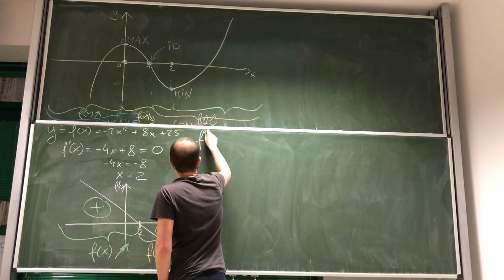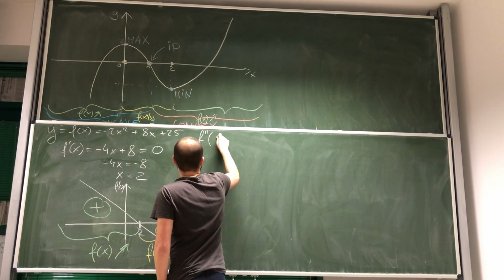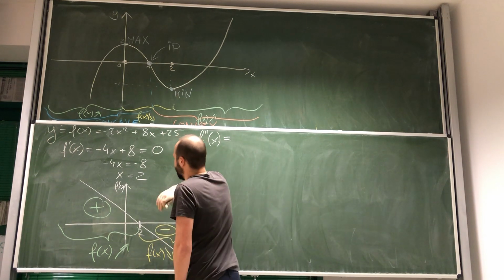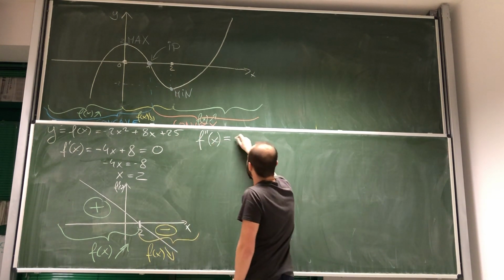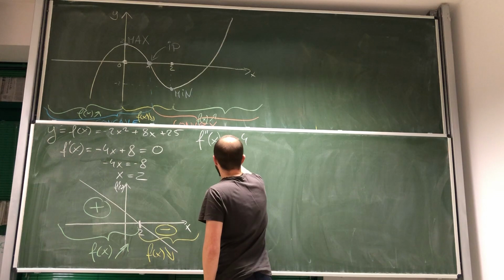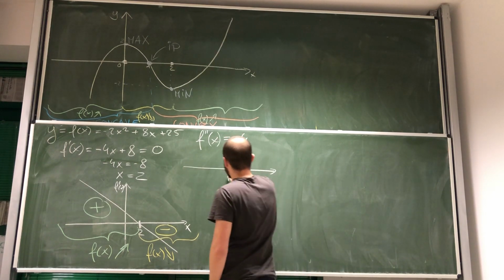Okay, so we've got that the second derivative, which is a derivative of the first derivative, is just negative 4. So look, here the case is very simple.